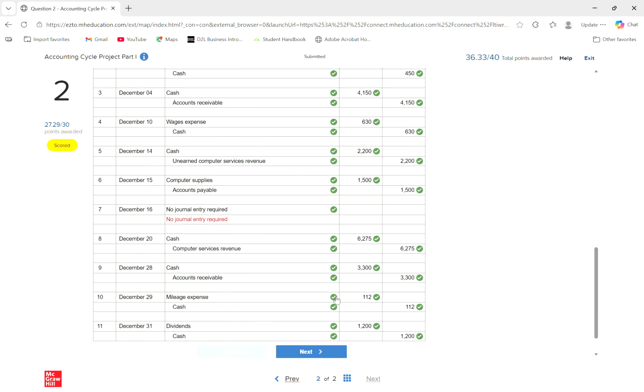When advance payments were received from customers, I debited cash and credited unearned revenue because the service had not yet been performed. When supplies were purchased on account, I debited computer supplies and credited accounts payable. When dividends were paid, I debited dividends and credited cash. Each entry followed accrual accounting principles.